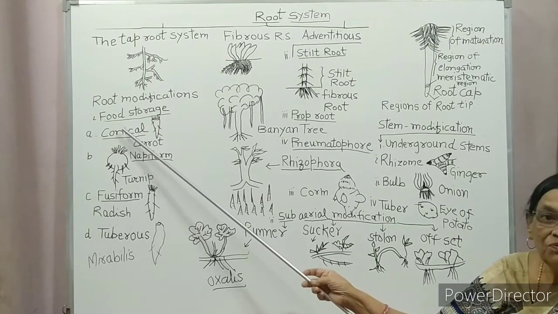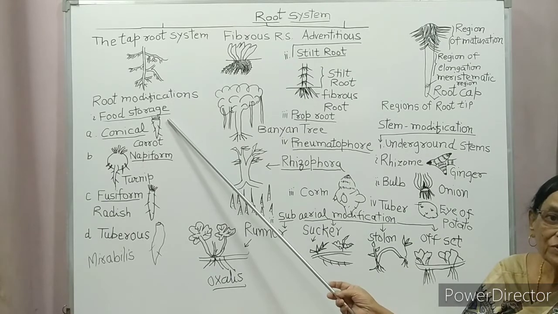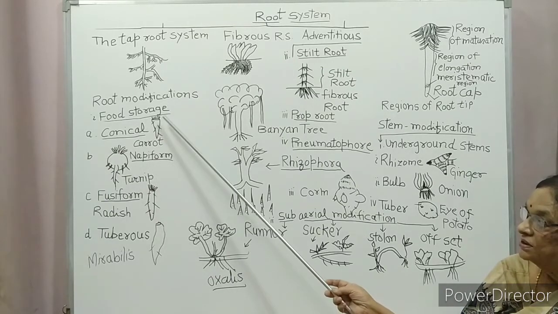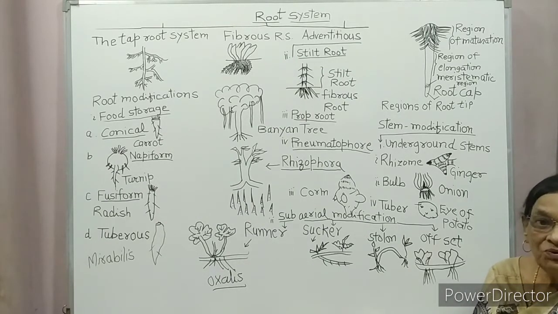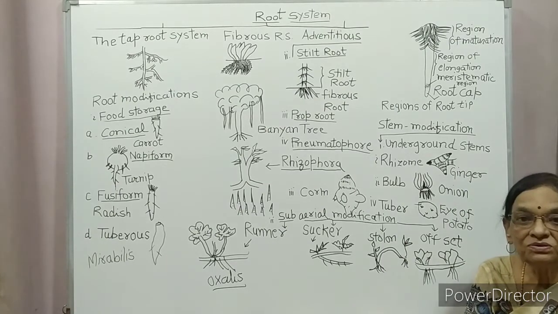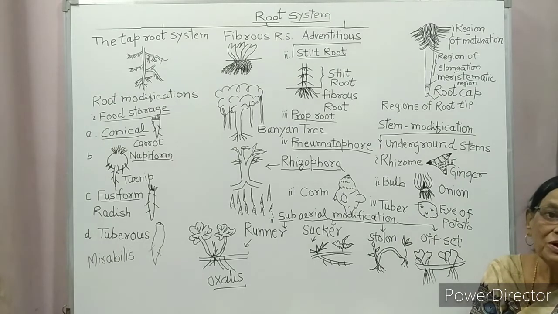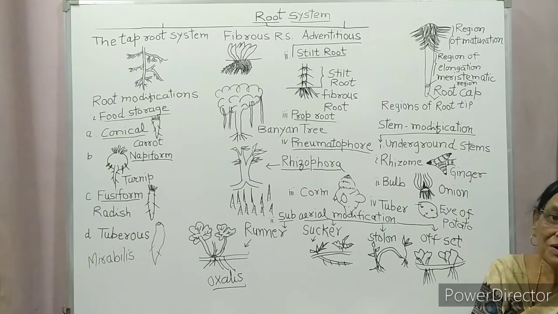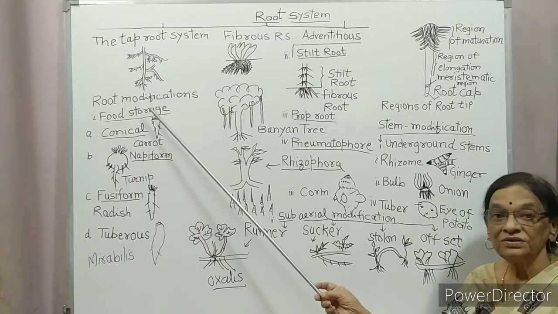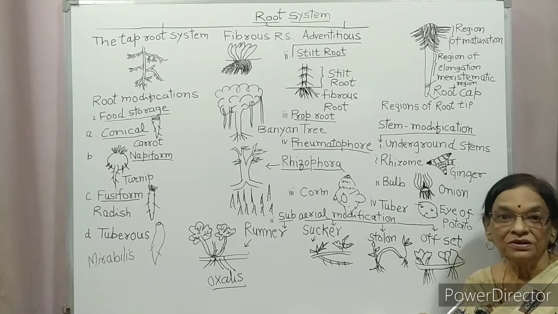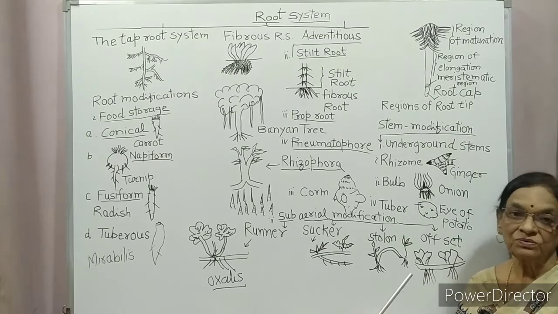First is food storage. What is food storage? Sometimes the root becomes swollen and fleshy to store the food. This food is in the form of starch or carbohydrate. Now, food storage is to tide over the unfavorable condition also.